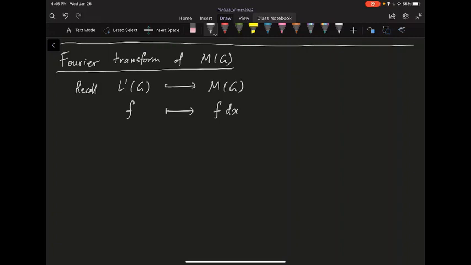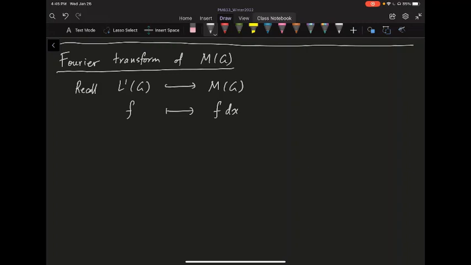I know I used d mu early on, but let's use dx as the left Haar measure. So every L1 function, you can identify as a measure on G by sending it to f times the left Haar measure. We know this embedding is a star homomorphism, so this is a nice embedding.